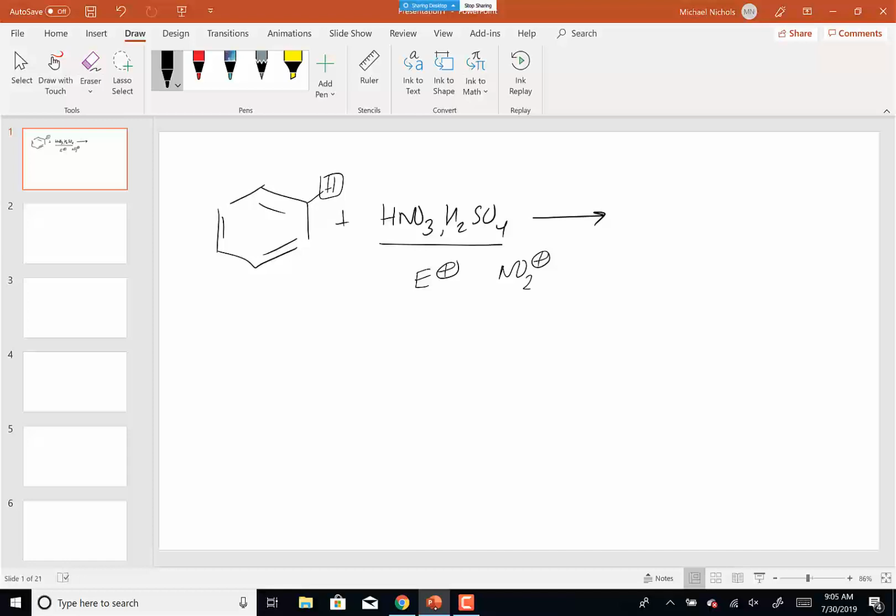The other basic ones are, and you need to be able to go both ways in this, so you need to be able to write the product as well as to give the reagents. So for instance, if I took Br2 and FeBr3, what electrophile do I make there?